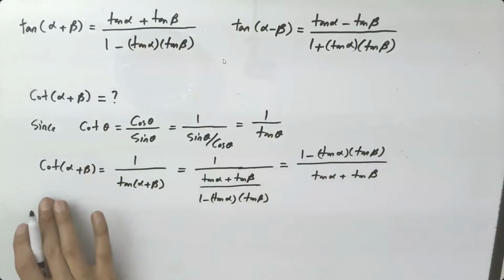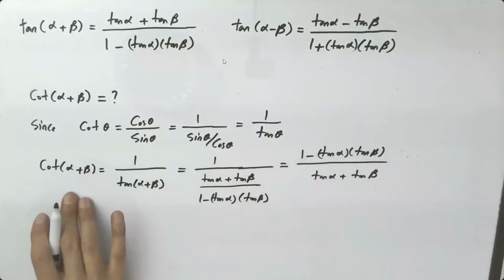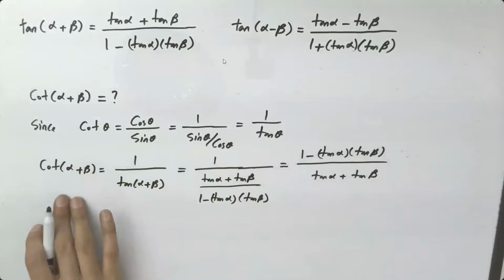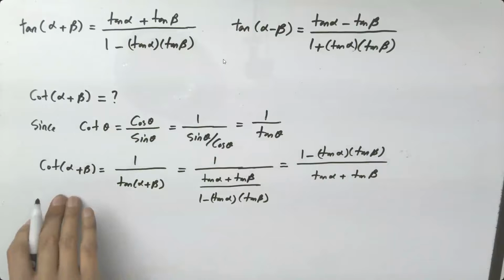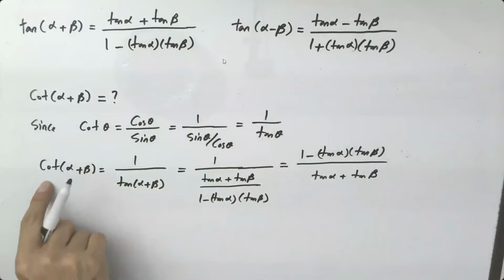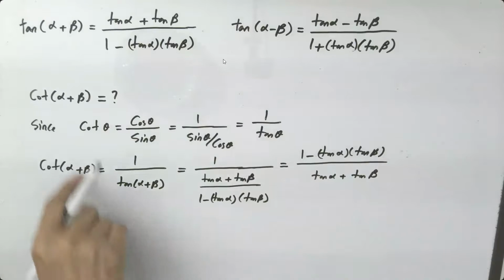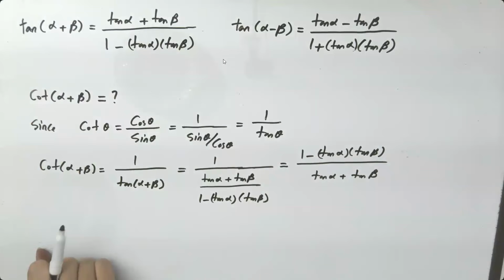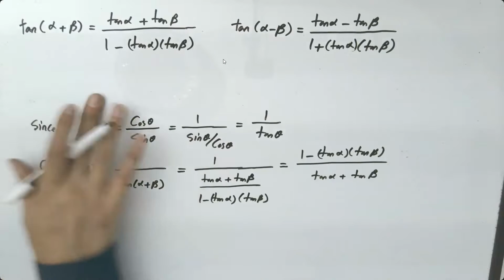So even though cotangent of alpha plus beta is not given as a formula in the book, you can easily generate cotangent of alpha plus beta from the formula for tangent. So you can write this here.